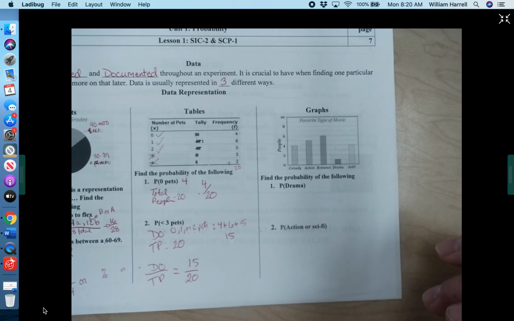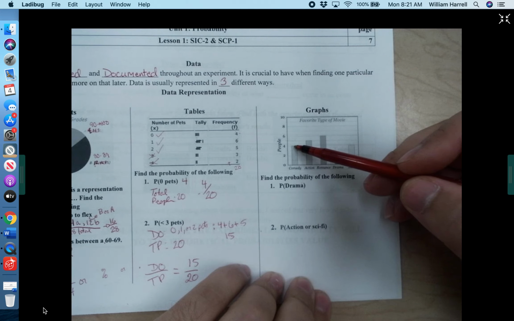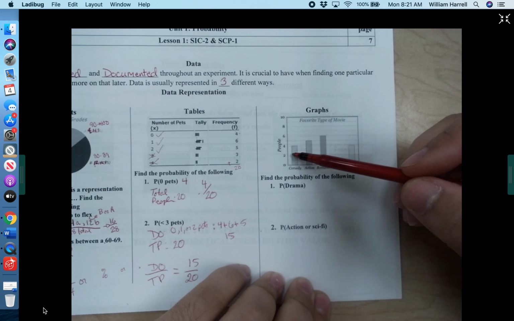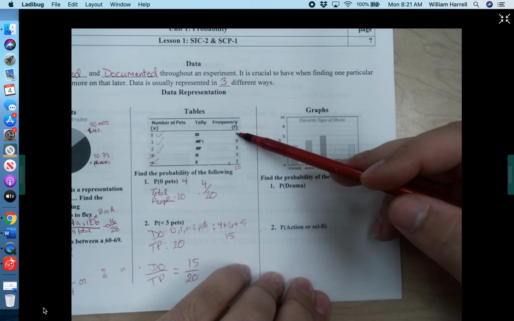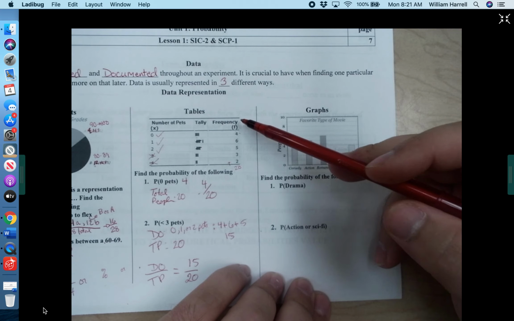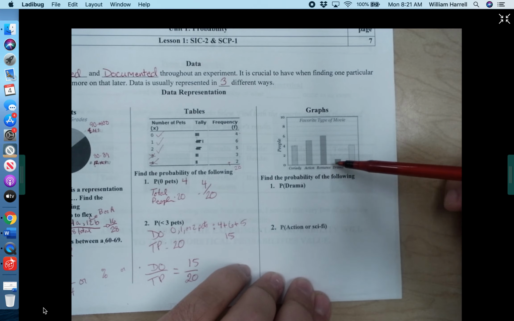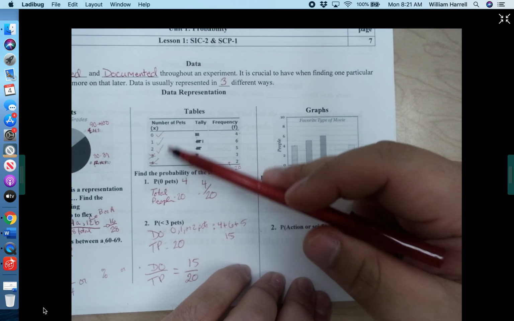Alright, last but not least, we look at graphs. The top of the bar is essentially the frequency, okay? And so if you want to think of the height is your frequency, or how many, and then side to side, or your rows, or your different categories.